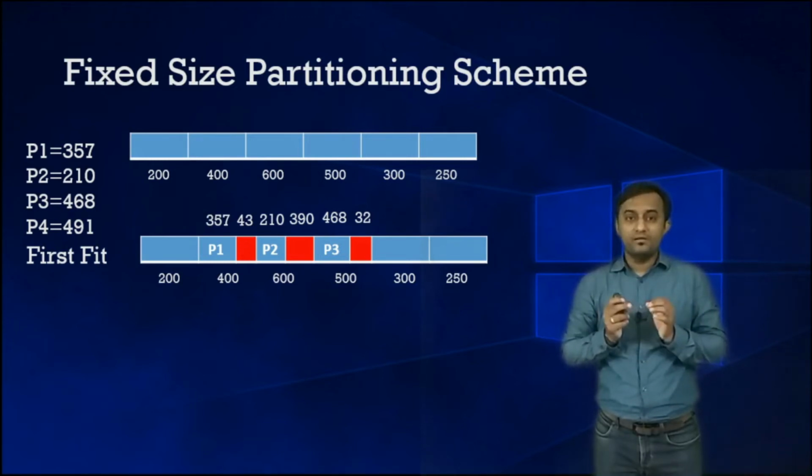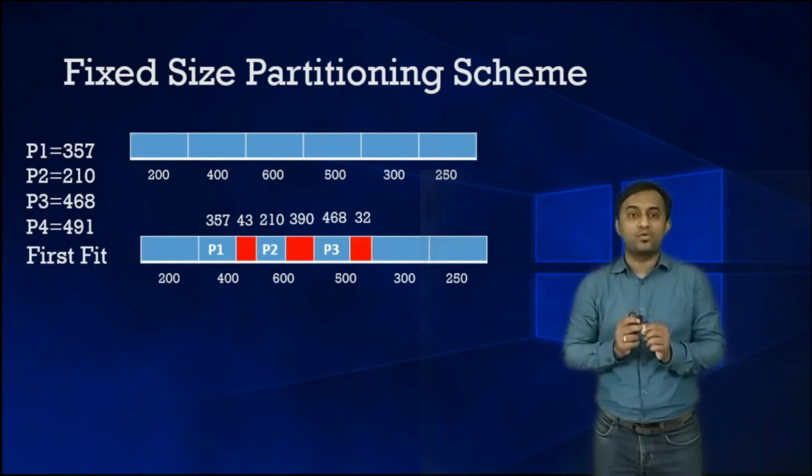Now the last request came into existence, which is the P4 process. It requires 491 KB. Again we will start searching from the starting point. The first 200 block cannot accommodate this request. The second block is already occupied, the third block is already occupied, the fourth one is already occupied.